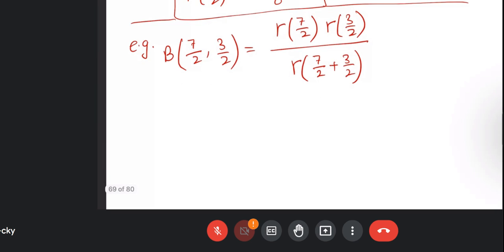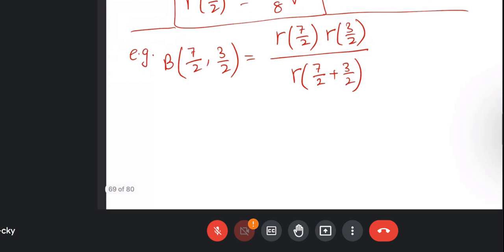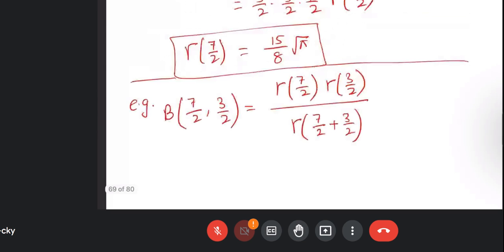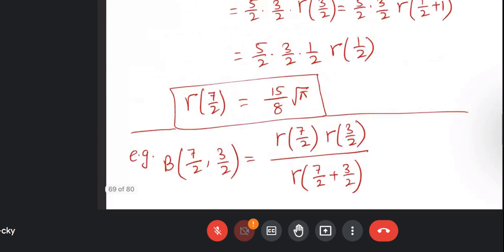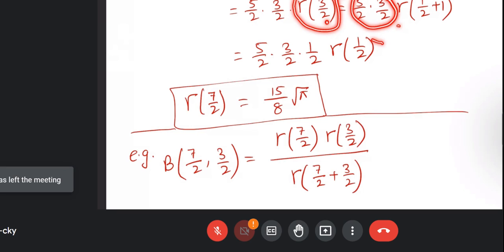In the numerator, we can use the above value which I have already calculated, gamma of 7 by 2, and gamma of 3 by 2 can be evaluated. Gamma of 3 by 2 is this one. From here you can evaluate gamma of 3 by 2. The remaining value will be gamma of 3 by 2, that means 1 by 2 into root pi.